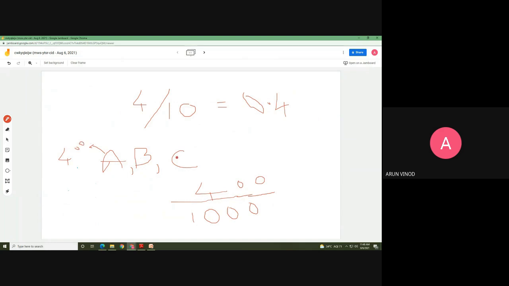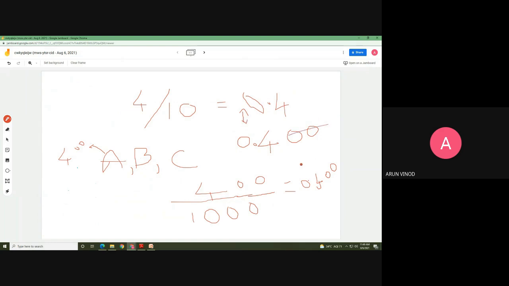Now if I divide 400 by 1,000, you will get 0.400. Is it right? That is, the result will be 0.400. These two are the same, actually.